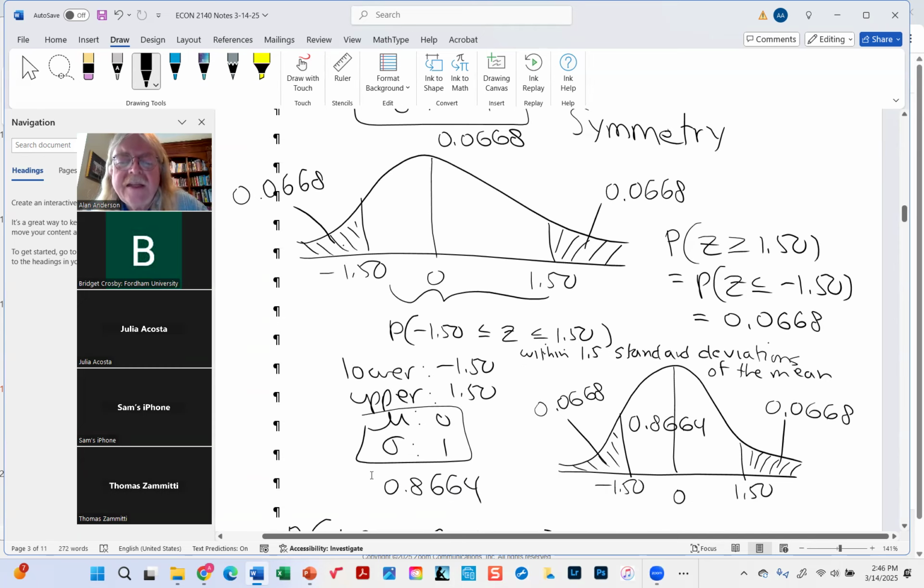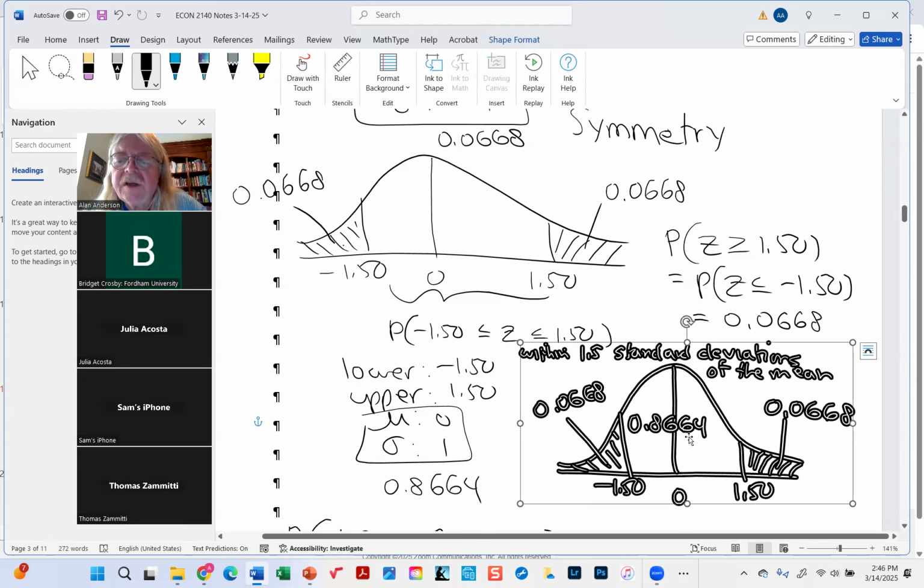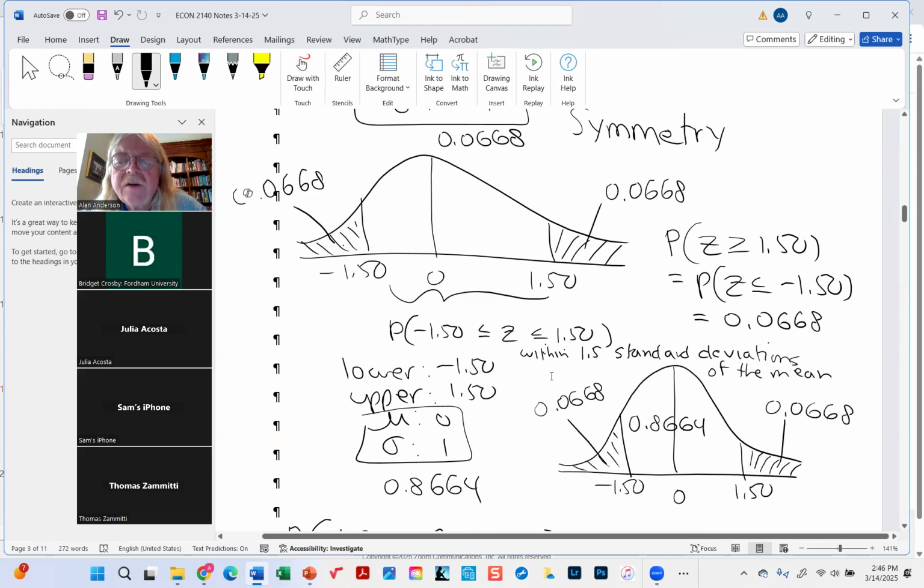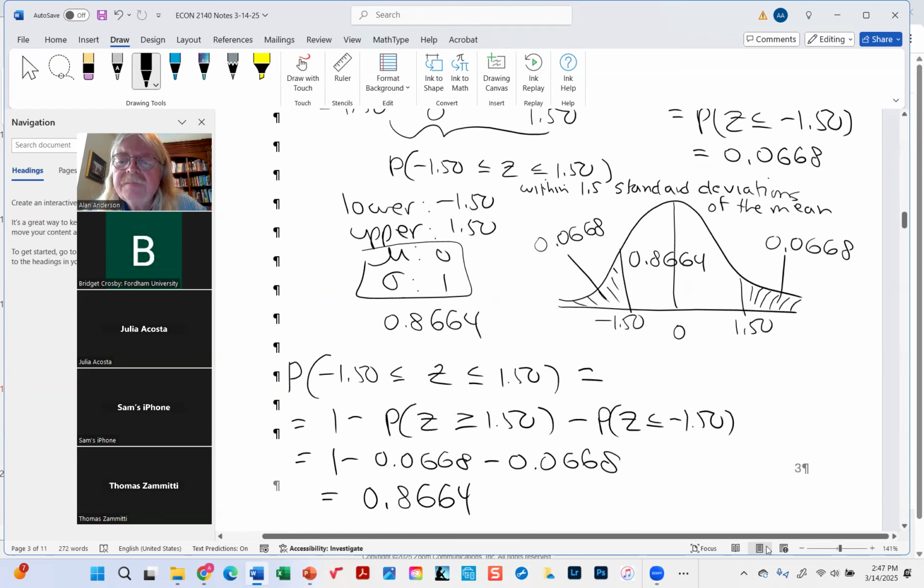Now we end up with 0.8664. As you can see over here, I've put it over here. So we know the areas of the two tails and we know the area in between. If you notice, these three have to add up to 1. So that means one way I could have solved for this without using the calculator is to say, well, that area in the middle must be equal to 1 minus the area of the two shaded regions because the three of them have to add up to 1.